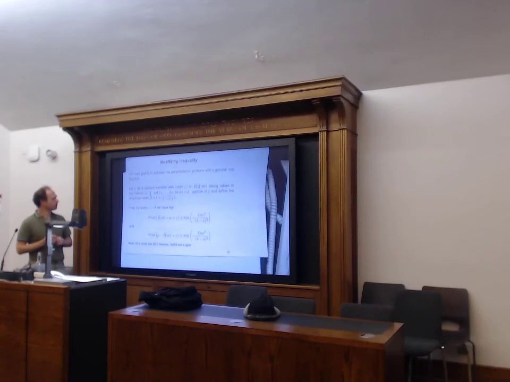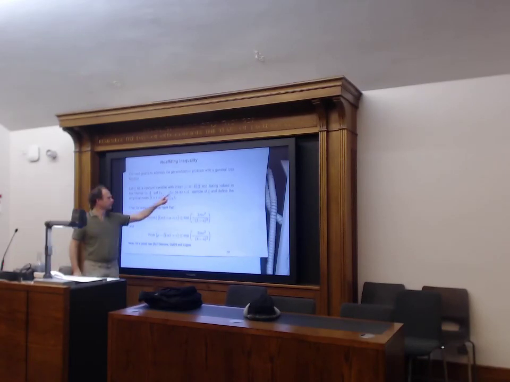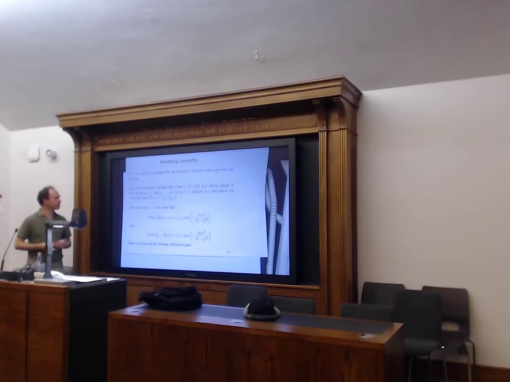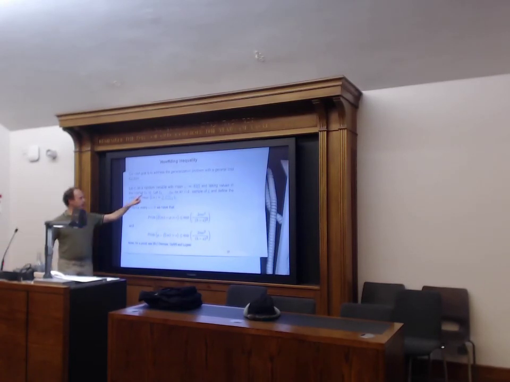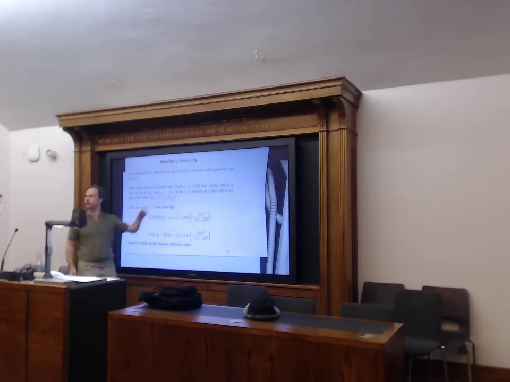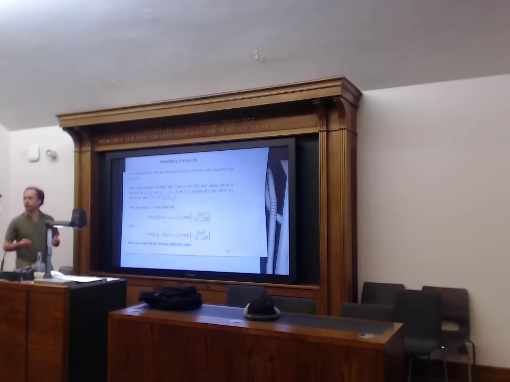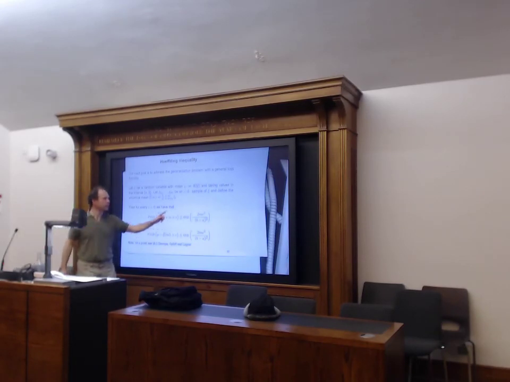Now, if you have m IID random variables psi 1 through psi m, so they are chosen by some probability which is supported on this interval between a and b, then you can ask the question, what is the probability that the empirical average of the sample deviates from the mean, so mu is the mean of the random variable, by more than epsilon.